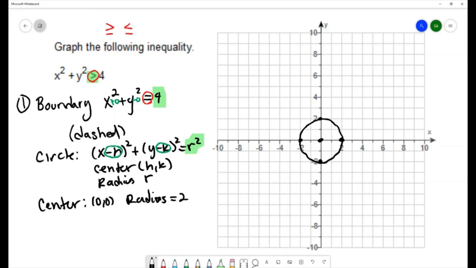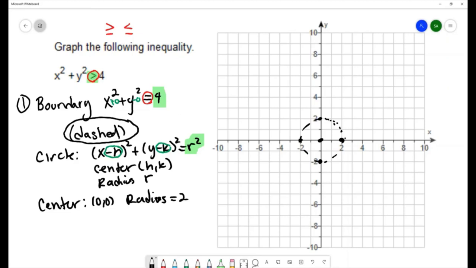The circle is all the points with that distance of 2 from the center. And I just noticed I made a mistake. I was supposed to draw this curve with a dashed line. So let's go back and sketch that circle with a dashed line indicating that the boundary is not included.